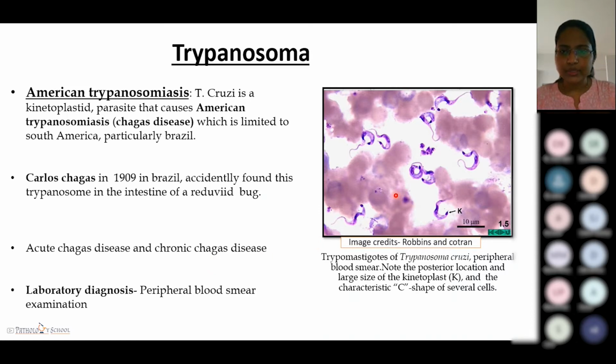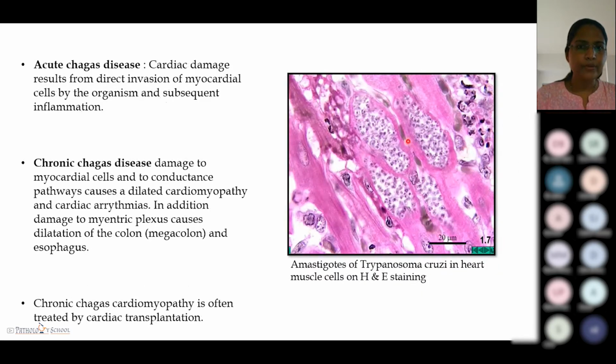Here, in this microscopic image, trypomastigotes of Trypanosoma cruzi are seen, with a posteriorly located, large kinetoplast, and they are characteristically C-shaped. In acute Chagas disease, cardiac damage results from direct invasion of the myocardial cells by the organism and subsequent inflammation, while chronic Chagas disease, which occurs in 5 to 10% of acute cases, involves damage to myocardial cells and conduction pathways causing dilated cardiomyopathy and cardiac arrhythmias.